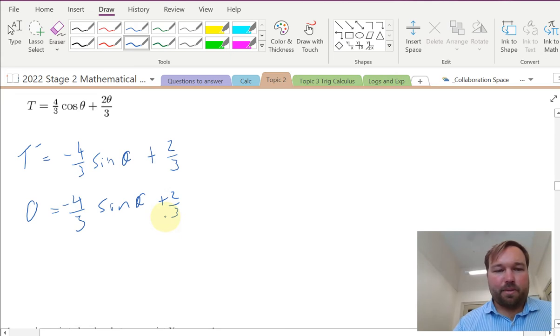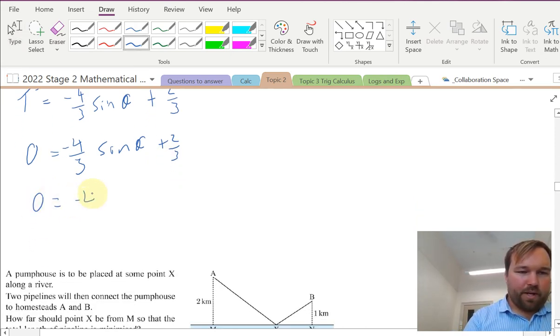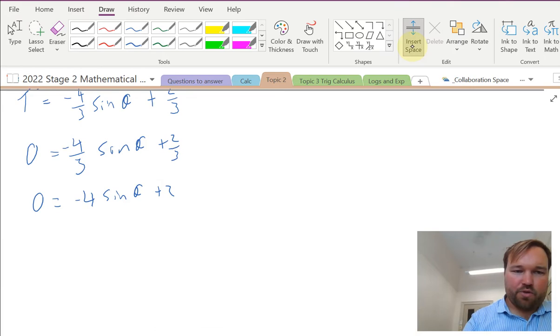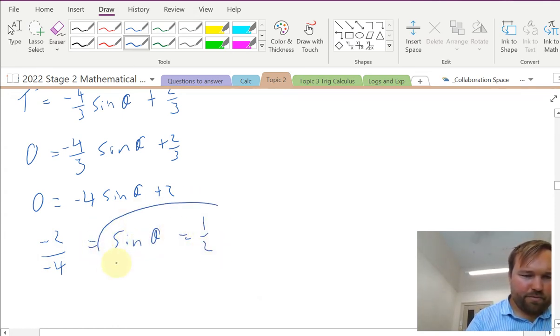I would multiply both sides by 3. 0 equals minus 4 sine theta plus 2. I would then drag the 2 over. Minus 2 divided by minus 4 equals sine theta equals a half.